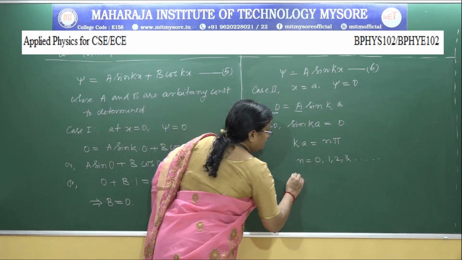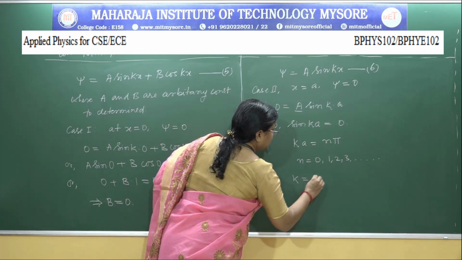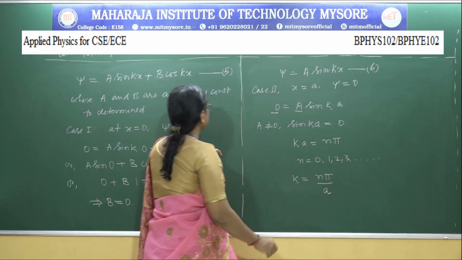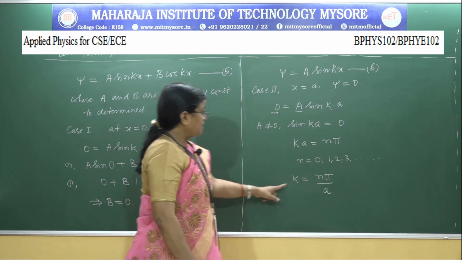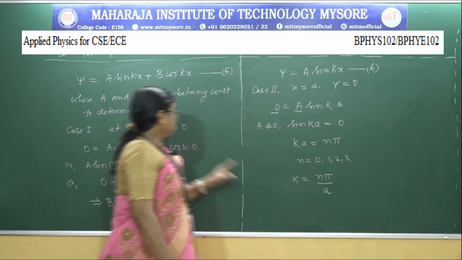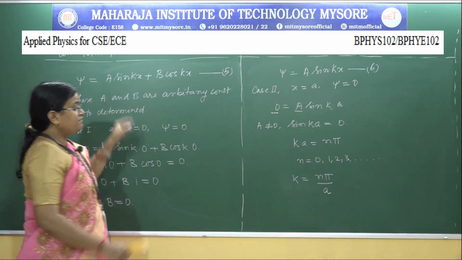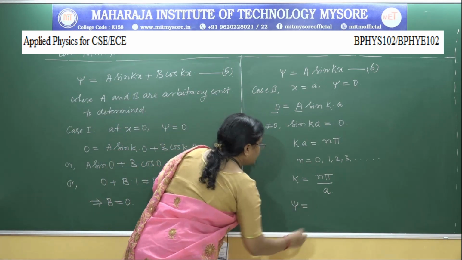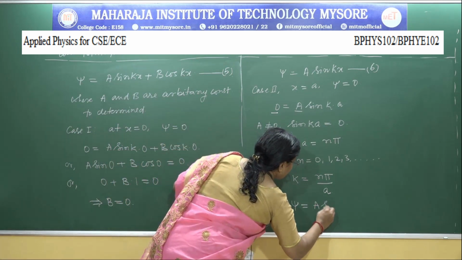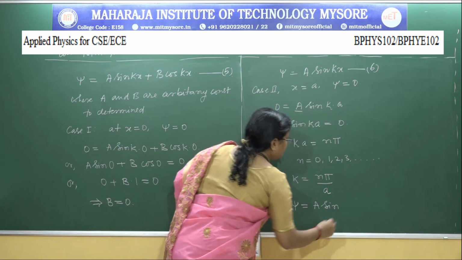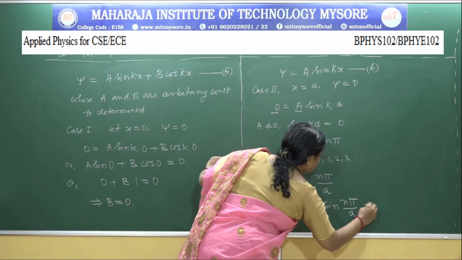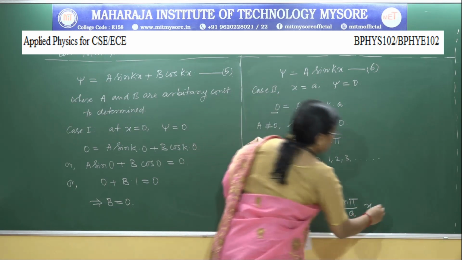So, we get the value of k equal to nπ/a. If this k value nπ/a we substitute in equation 5, we get ψ = A sin(nπ/a)x.